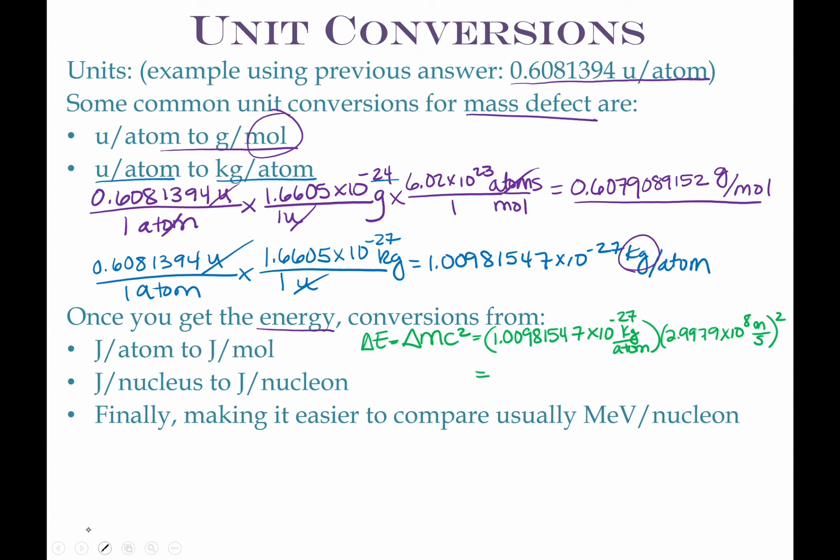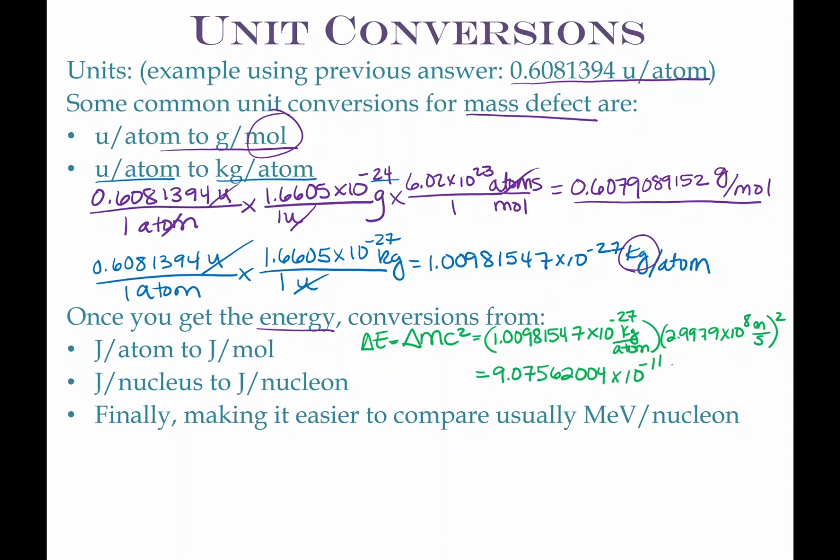So what cancels here? Nothing. Okay, good. That's a good sign. We do that calculation, and we get 9.07562004. It's bothering me not to do sig figs, but we'll get over it, right? Times 10 to the minus 11th.